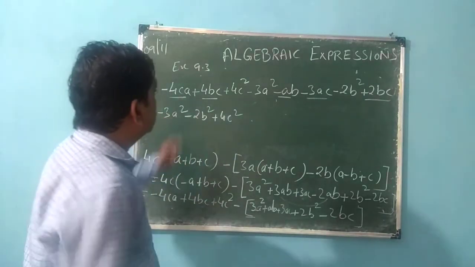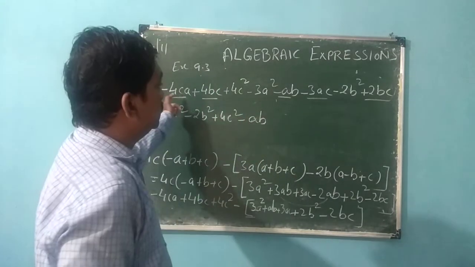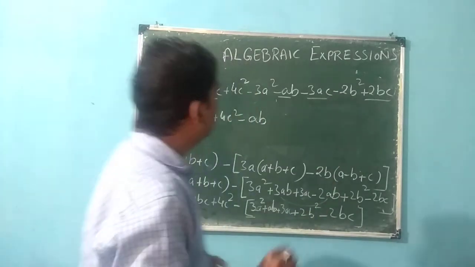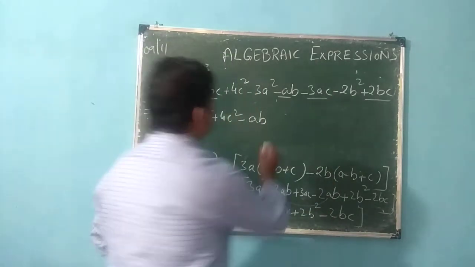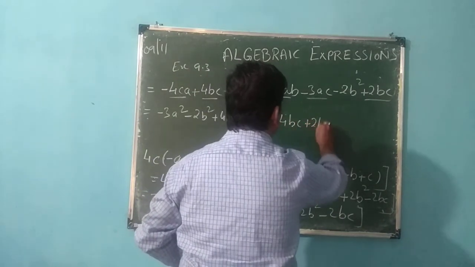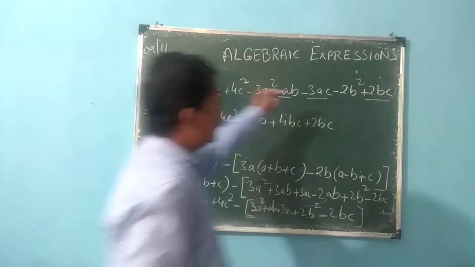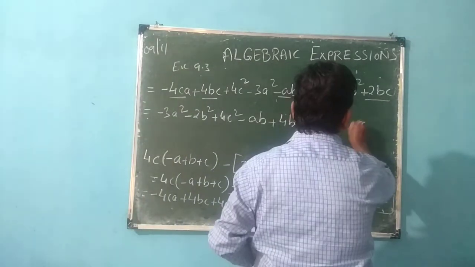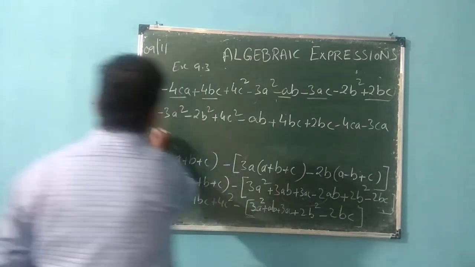Now, similarly, there is no other ab here. Only one minus ab is there. After that, the 2bc is there. 4bc plus 2bc. Let me bring together. 4bc plus 2bc. After that you have minus 4ca minus 3ca. Now let us write this once again.